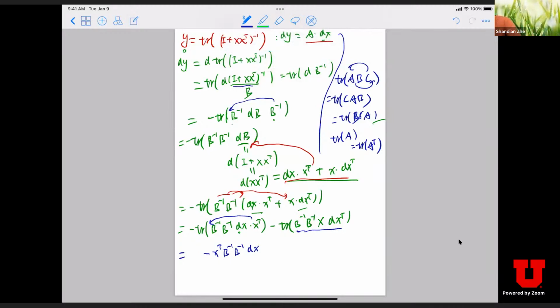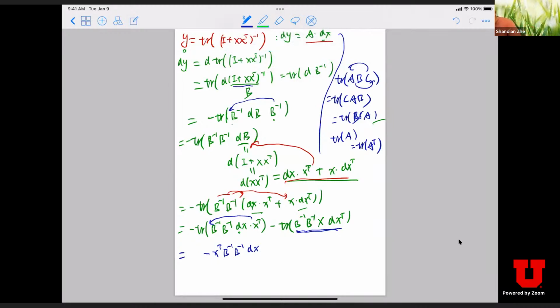So if you look at this one, the result inside the trace, what is it? It's a scalar or it's a matrix? It's a matrix, right? So I keep forcing you to think about the matrix shape every step.